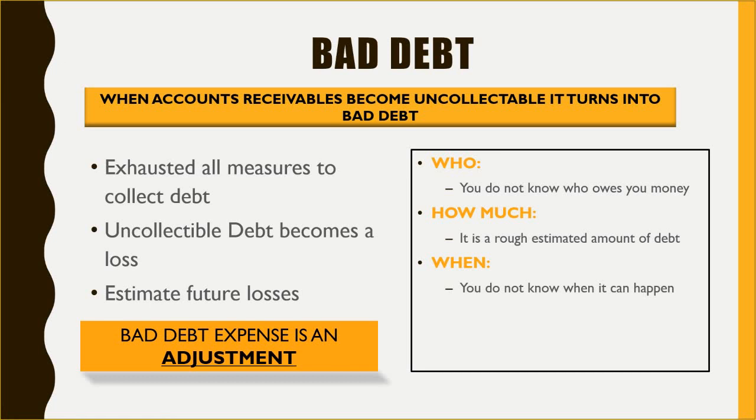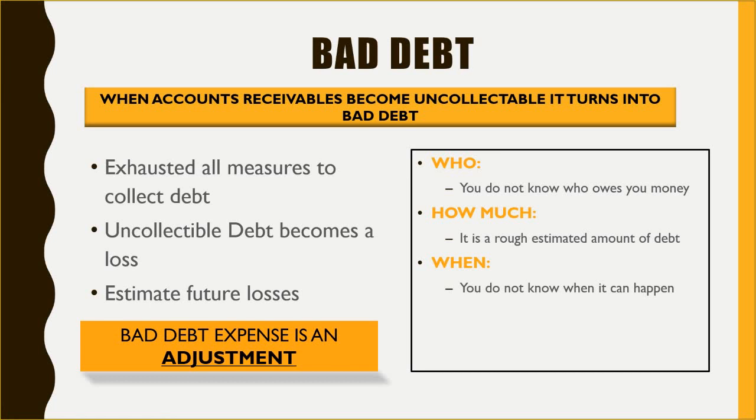Now, in this case, you use this uncollectible debt and it becomes a loss. Now, let's take a look at this situation. In this case, because we are making an estimated amount, Mr. Sanchez might be one of those individuals that unfortunately becomes potential bad debt.